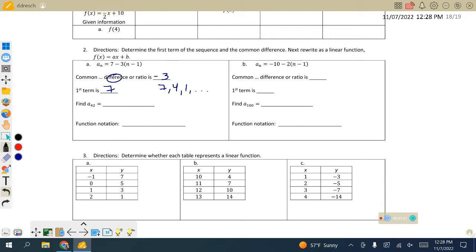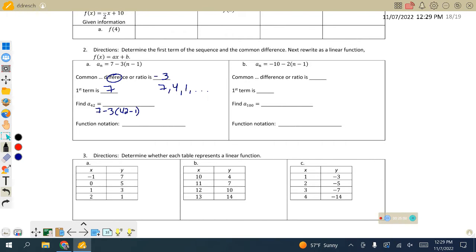All right. Now let's do some old stuff, which is not necessarily old because we've done that lately, just to ask you different viewpoints. When I say find the 42nd term, what do we mean by that? We mean plug in n as 42. So I'm going to plug into that equation n as 42.